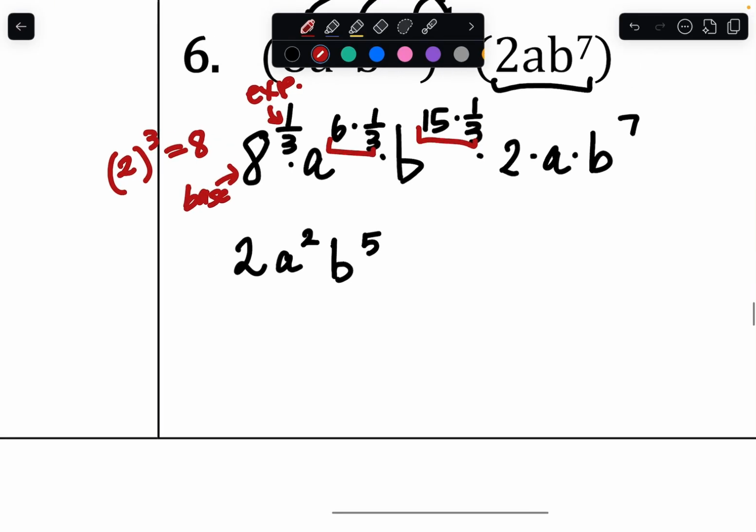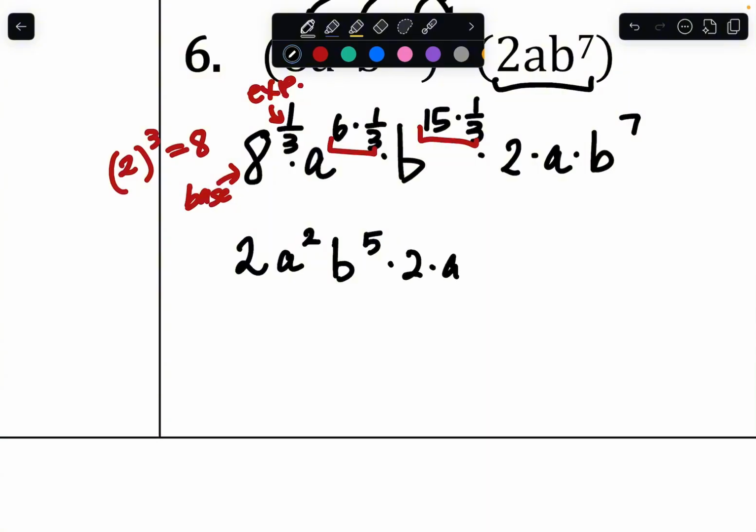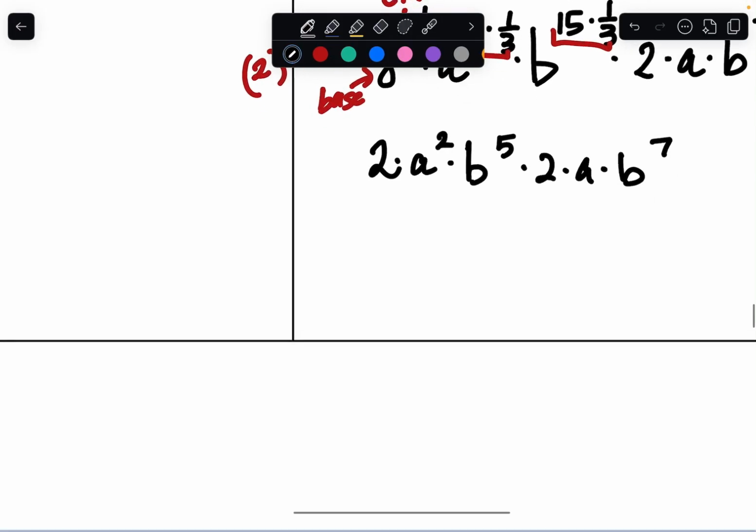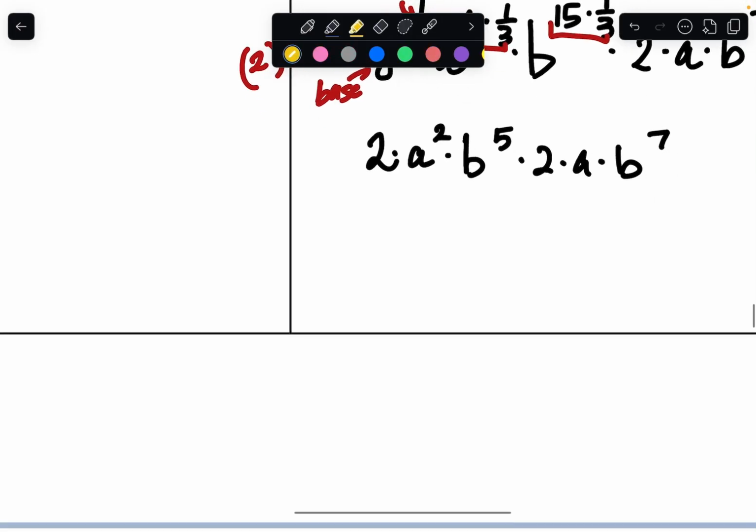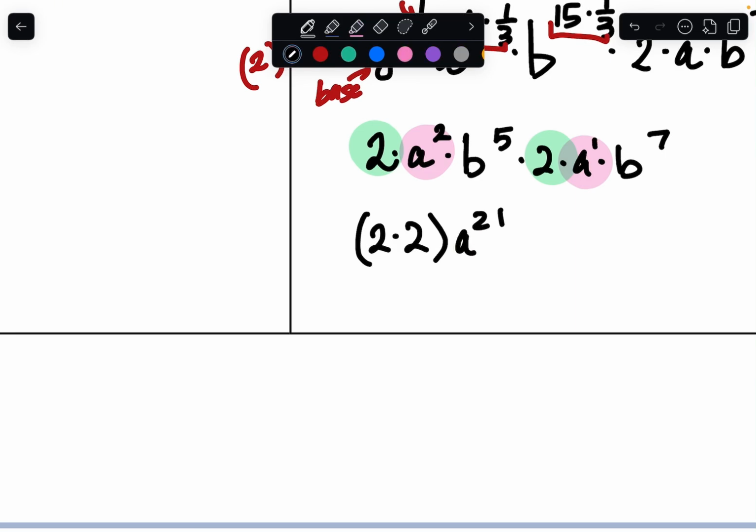All right, and then we still have a times 2 times a times b to the 7th. So just remember, everything's getting multiplied here. And so we can bring our coefficients, the ones without exponents, to the front, and we're still multiplying those. And then we have a's. We have a squared and a to the 1, so those exponents get added.